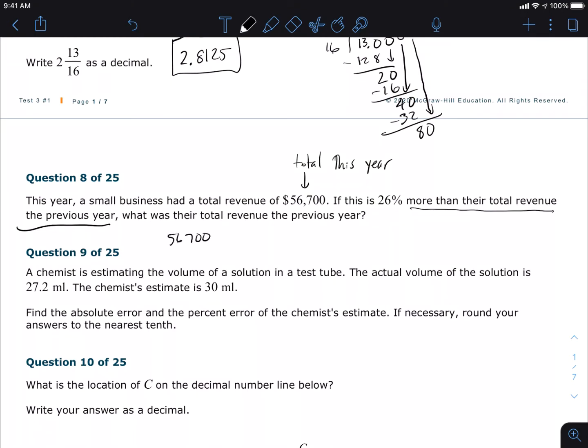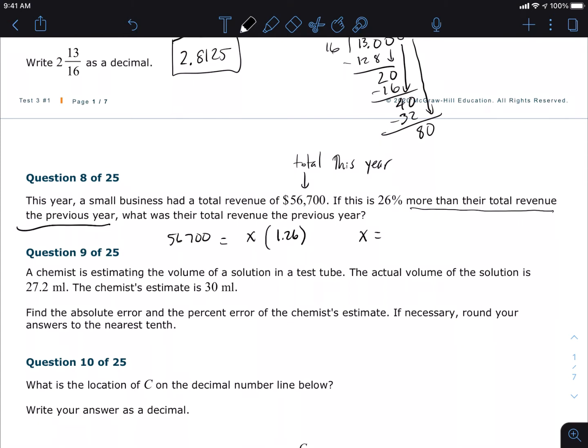56,700, right? Is what it's equal to for what we're trying to find out of 100 plus the 26%, or since we're writing it as a percent, I don't want to write it as a percent, I'm going to write it as 1.26, okay? And so dividing that, we're going to get 56,700 divided by 1.26, and that's going to give us our 45,000.